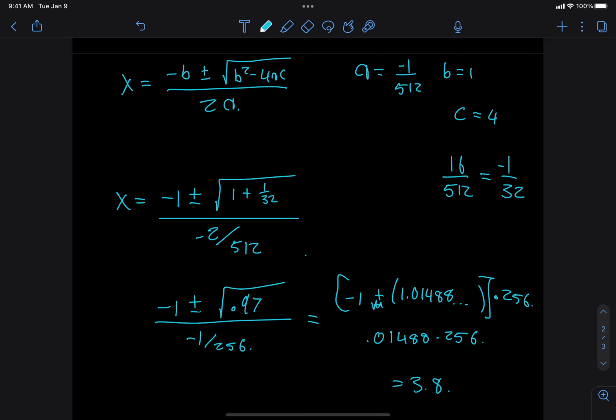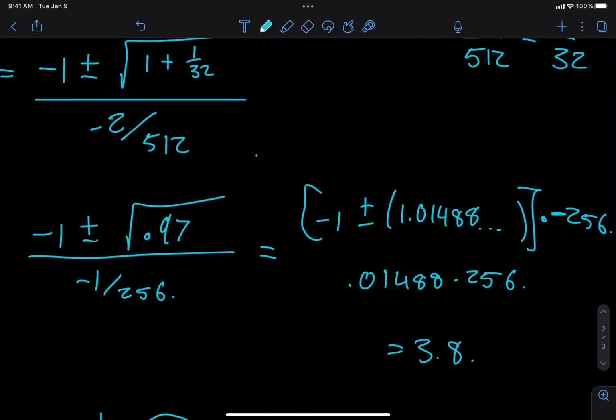So this should have been negative 1 over 256. And so when I look at this, I'm going to take negative 1 plus or minus this number and then multiply by not 256, but negative 256. There we go. Now I got it right.